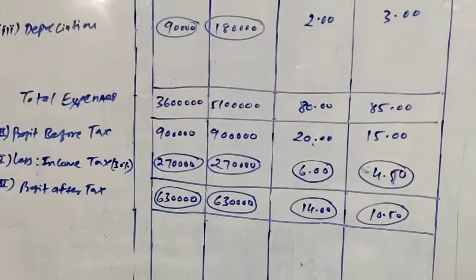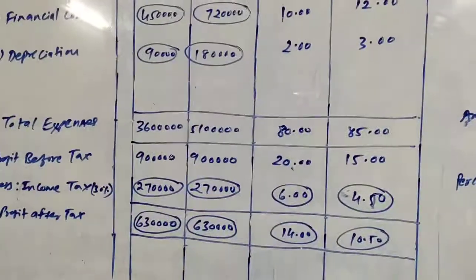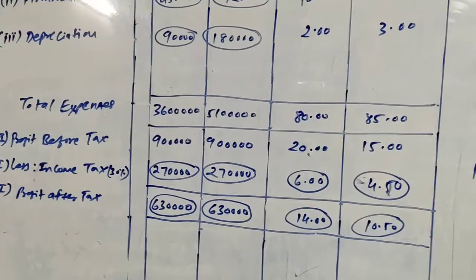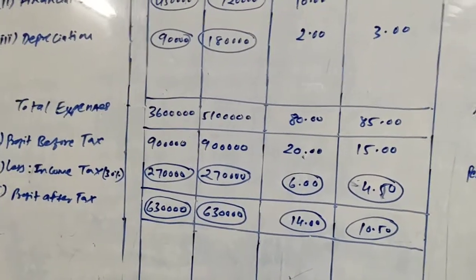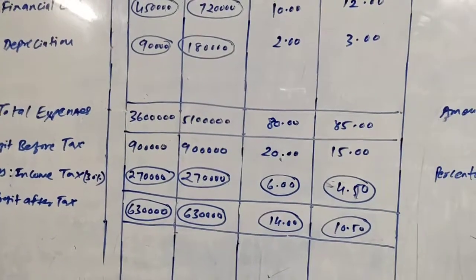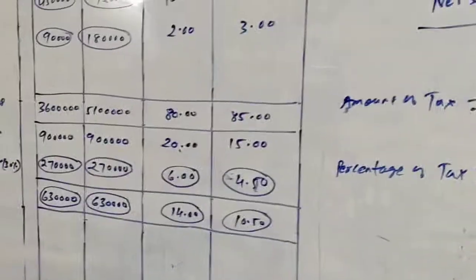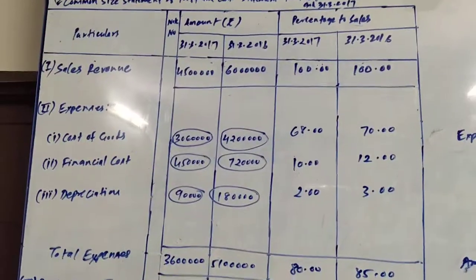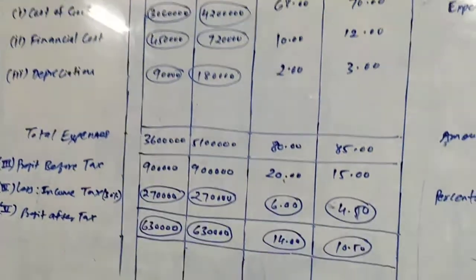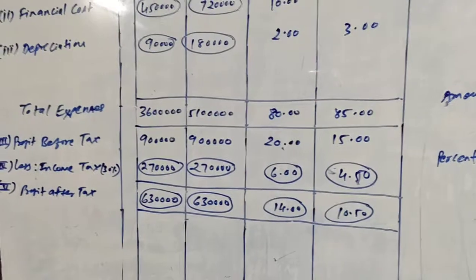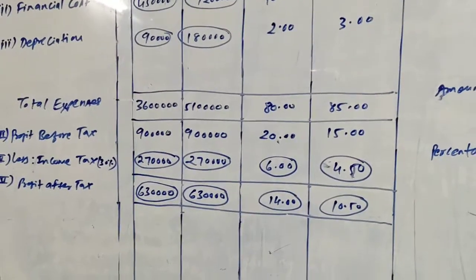Now in percentage to sales we have to calculate. So we know the formula. When we need to find percentage to sales, it will be tax amount in rupees divided by net sales into 100. So we know that sales are 45 lakh and 60 lakh respectively. So 2,70,000 divided by 45 lakh into 100 will give us 6%.